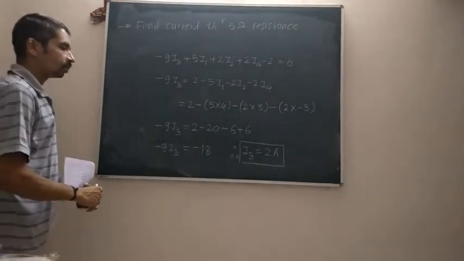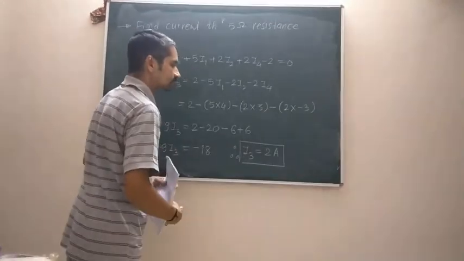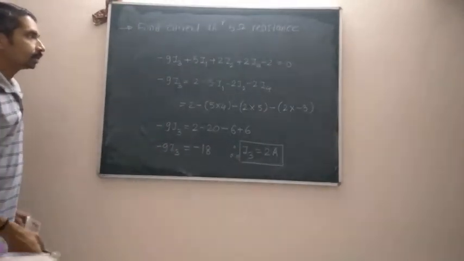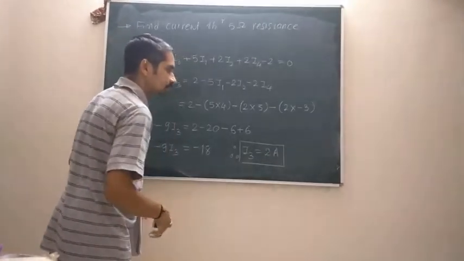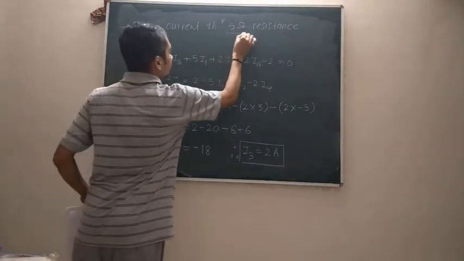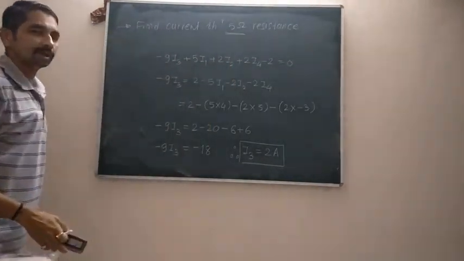So this was the value of the only unknown current which was present in our original circuit. But we are not finished with this much calculation. We are supposed to calculate the current through the 5 ohm resistor.